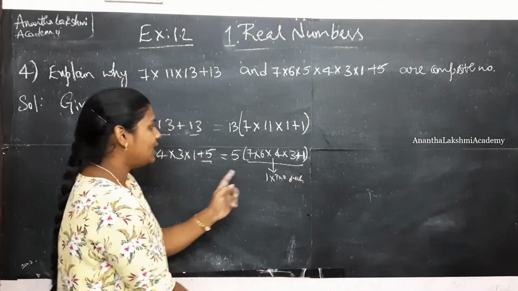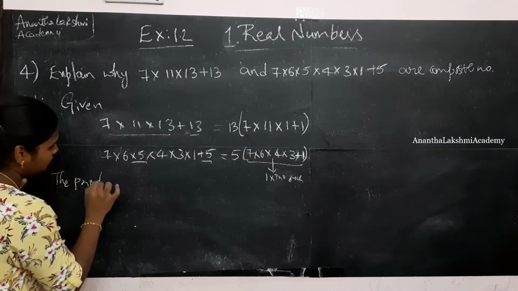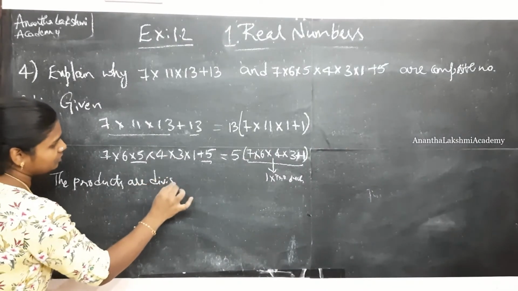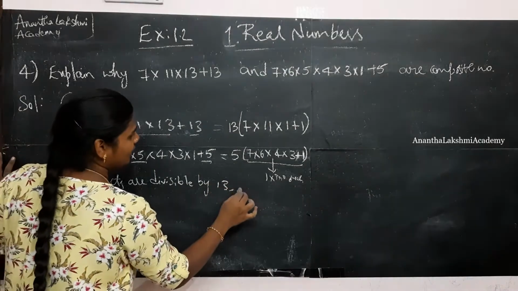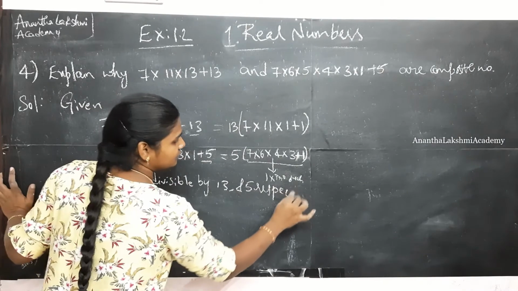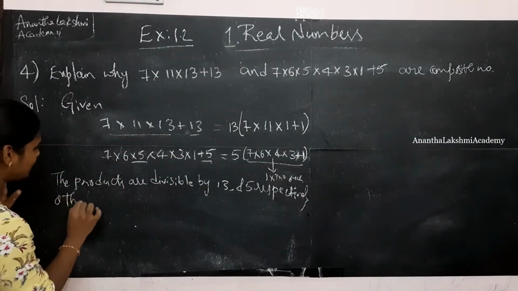You get it, right? So, the products are divisible by 13 and 5 respectively, other than 1 and itself.